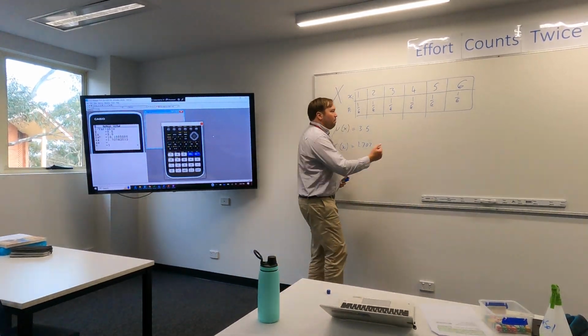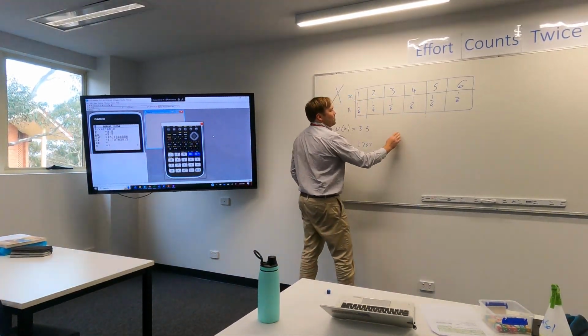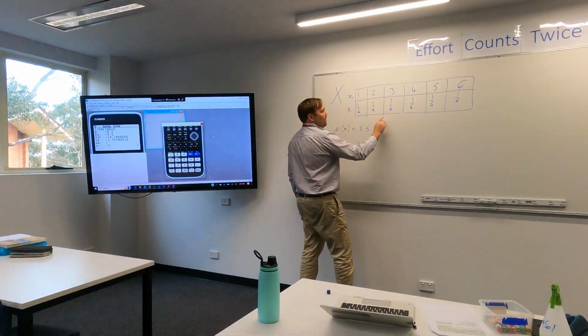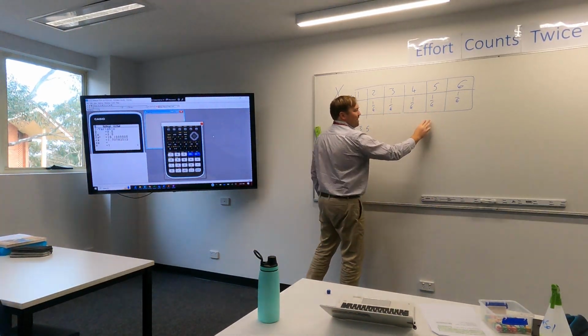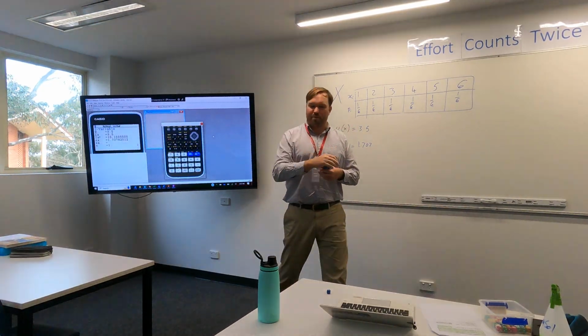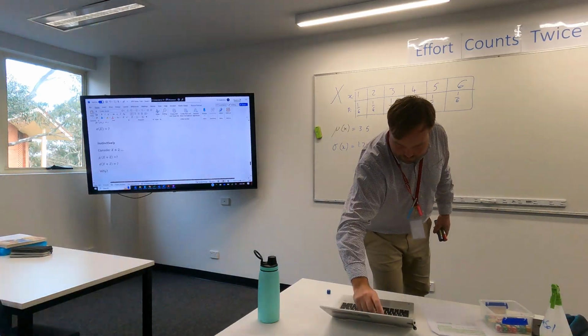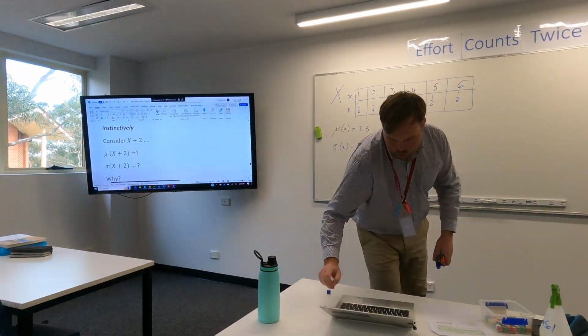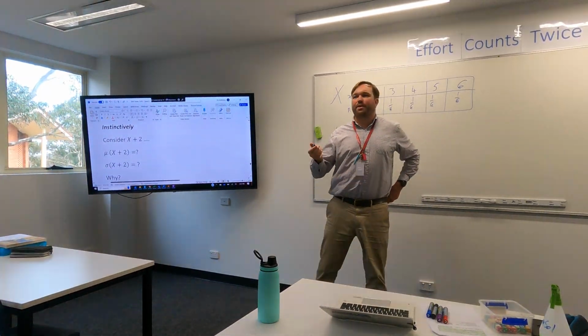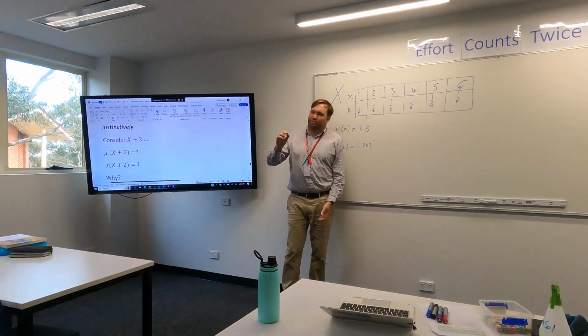And that kind of makes sense, because you're imagining 3.5 is in between these two, 1.7's out to there, 1.7's out to there, and that might be the average spread from the mean. What we want to consider today is what happens if you're playing a game where you roll the dice and you get $1 for every number.